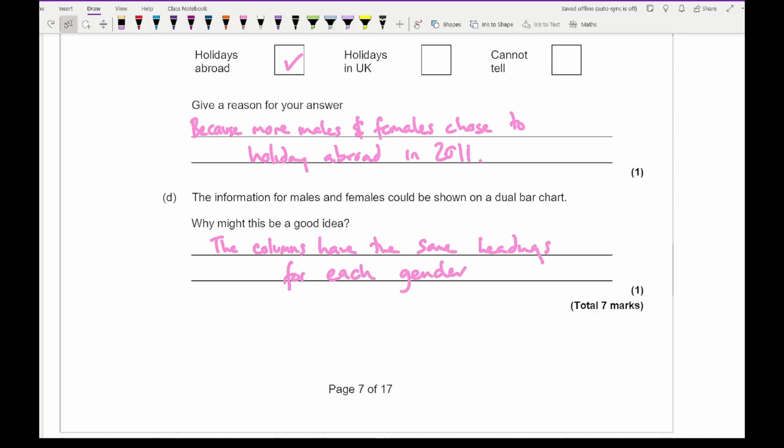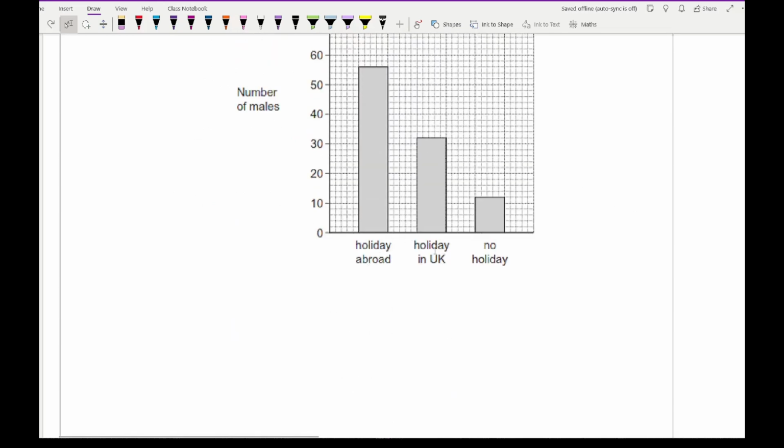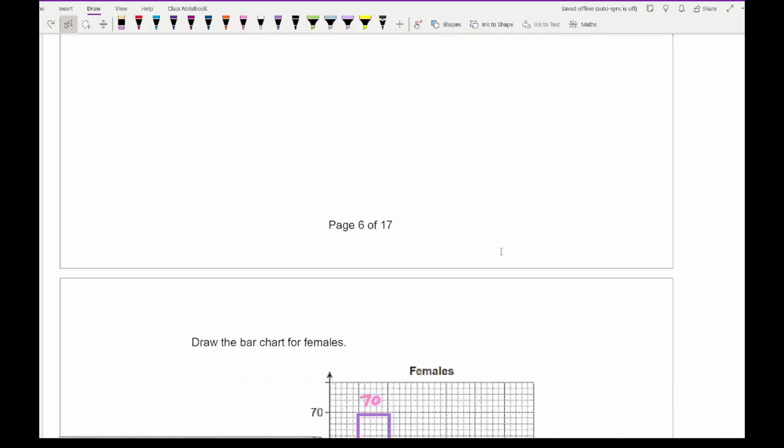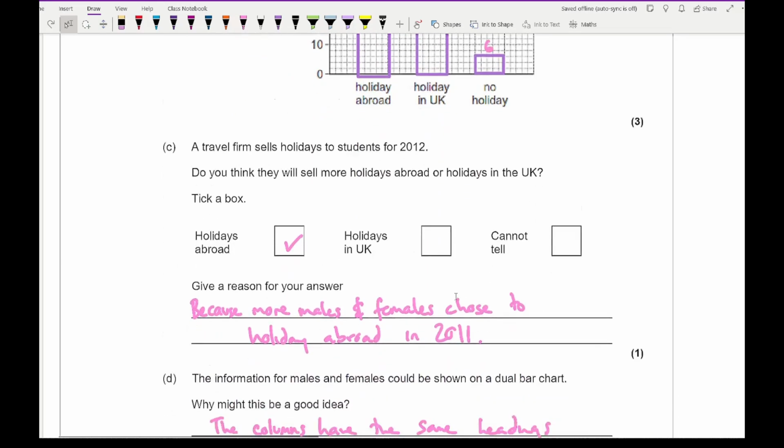If I look at the bar chart for males, we've got holiday abroad, holiday in UK, no holiday, and we've got the same labels for the females: holiday abroad, holiday in UK, and no holiday.